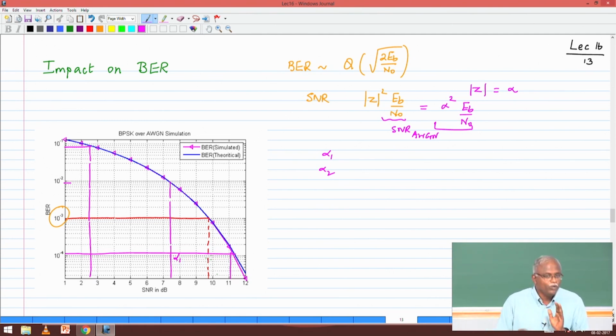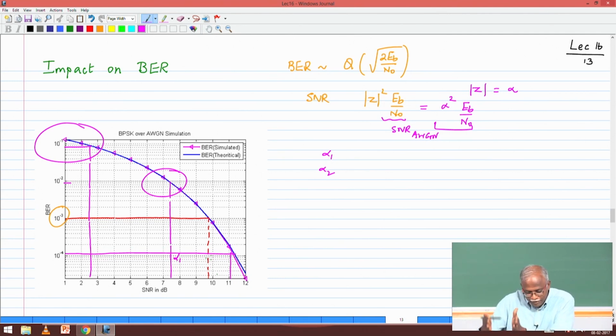Now, if you look at the averaging process, which are the events that dominate your resultant bit error rate? It is not the 10 power minus 4, because 10 power minus 4 does not add much errors. What adds is this, this is going to cause a big problem. So, the resultant BER in a fading environment, the average SNR threshold is actually here.